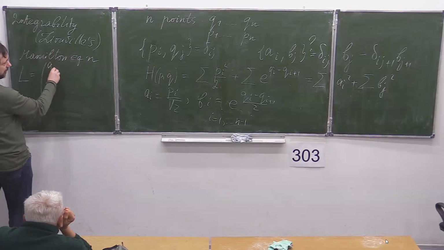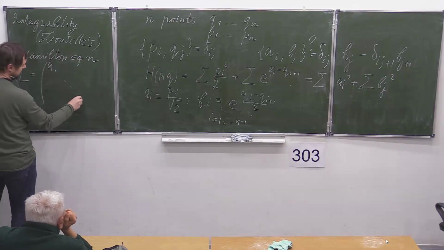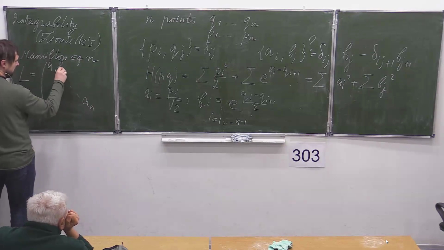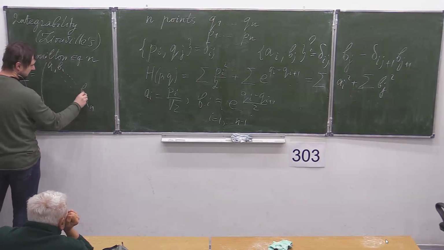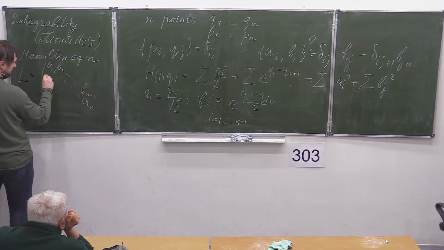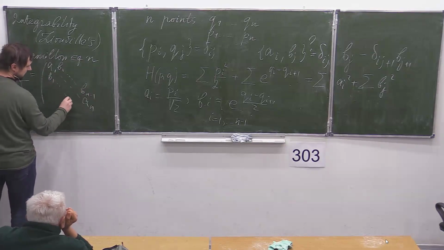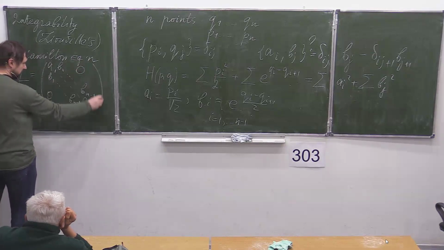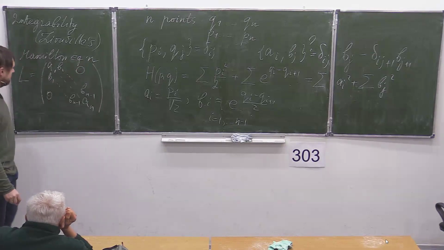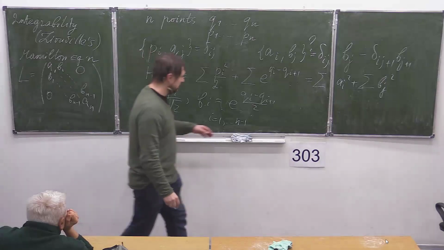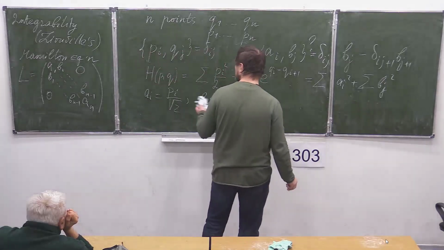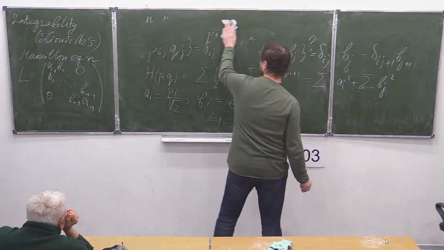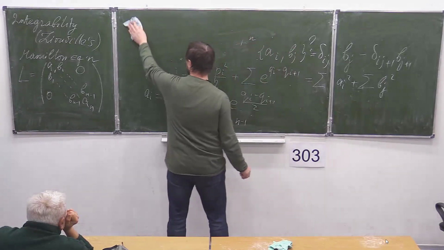We have a_i on the diagonal, b_i off the diagonal, and below the diagonal as well. So both off-diagonals are taken by b_i's and zeros elsewhere. Then the Lax equation is given by the following trick.